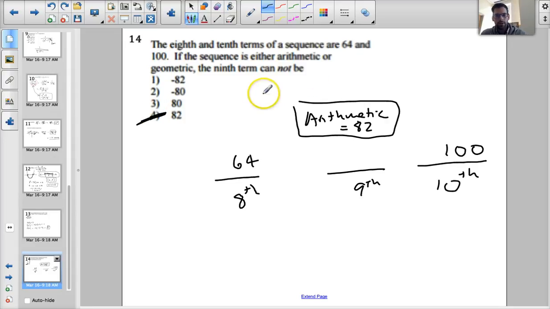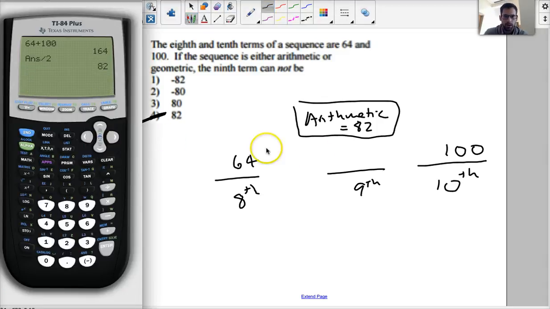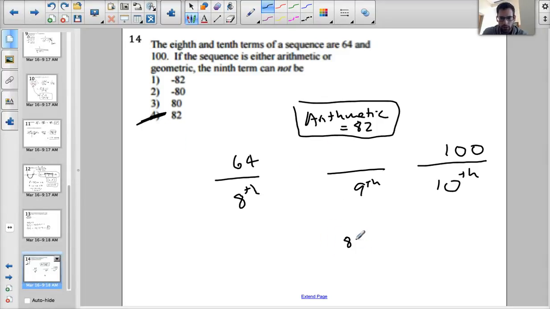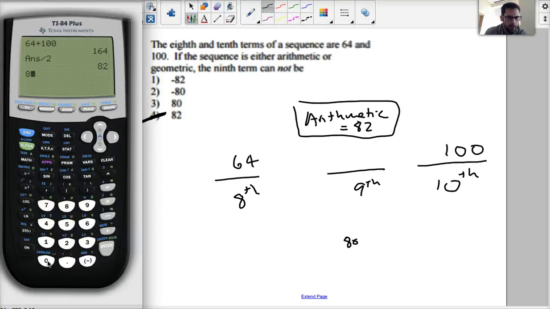Now I have to think about if it's geometric, what my common ratio could be. I think the easiest way to do it would just be to check. So let's imagine that this middle term was 80. That means my common ratio would be 80 divided by 64, which would be 1.25.